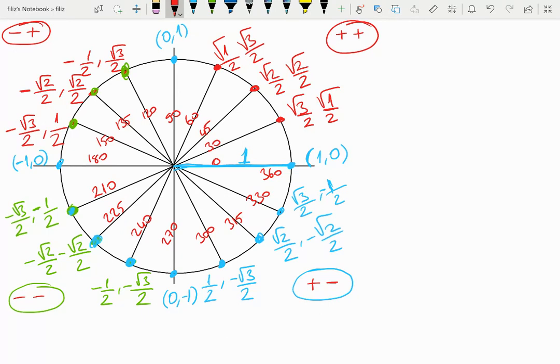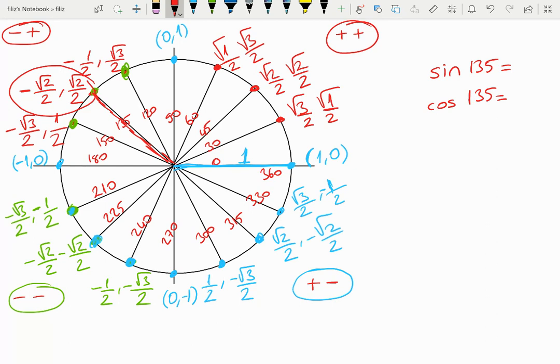So why we are going to use this unit circle? Let's say we want to learn sine of 135 and cosine of 135. So I should go to 135. Where is my 135? Here. Okay, I'm looking for the numbers here.